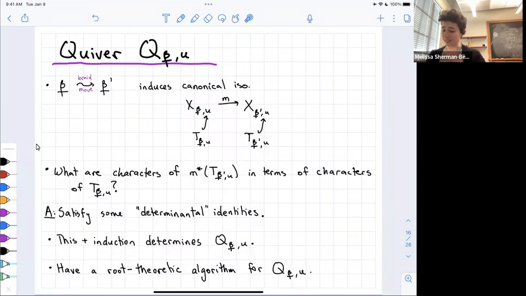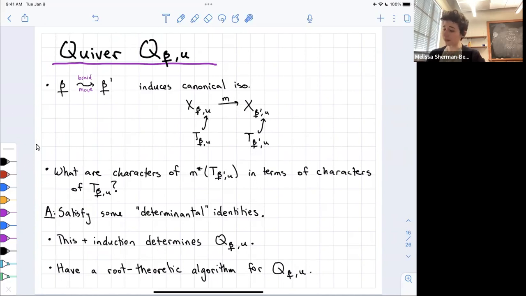Okay, so I'm intentionally being vague about this. I will also intentionally be vague and say we have a root theoretic algorithm for this quiver. So it is something that you could ask a computer to calculate. In general type, it's fairly complicated. The computer is a bit slow to compute this, probably the fault of our algorithm and not the fault of the quiver.